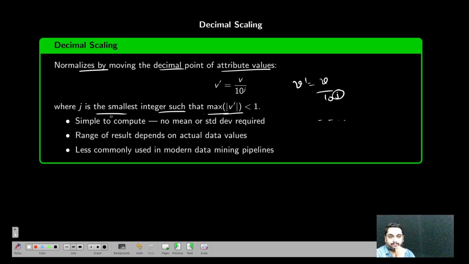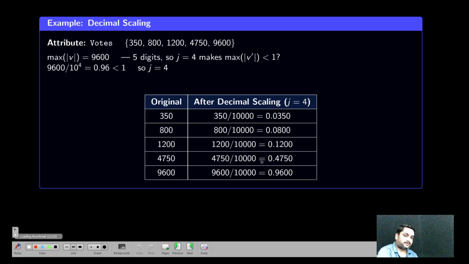So we are trying to bound it again between 0 and 1 only. The range of the result depends on actual data values, and it is less commonly used in modern data mining pipelines. So for example, say 350, 800, 1200, 4750, 9600. Maximum absolute value, even if there are negative values here, it will take the maximum absolute 9600.